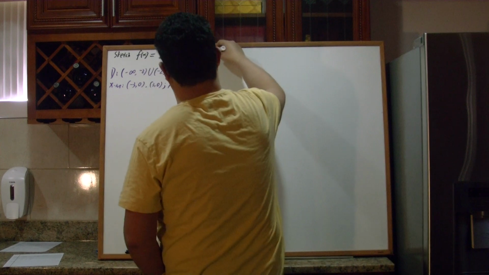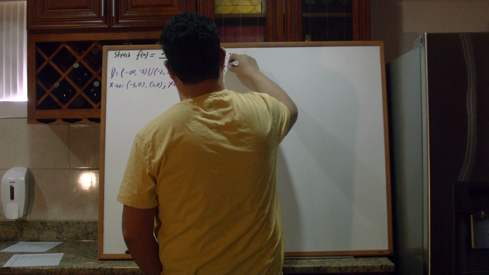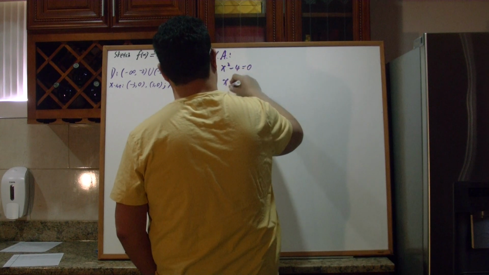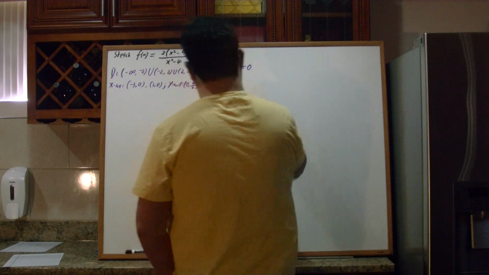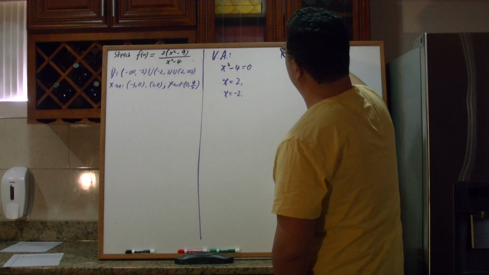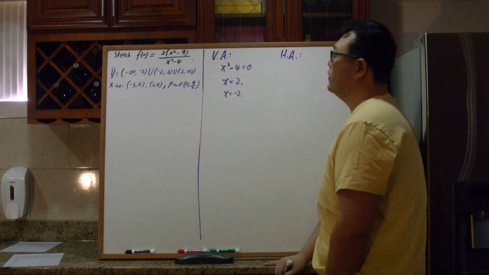We have our vertical asymptote, that is the denominator equal to 0. Since nothing can be simplified, for the horizontal asymptote you can apply the limit, but as a rational function you don't have to.